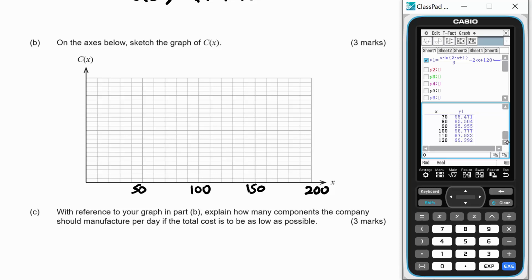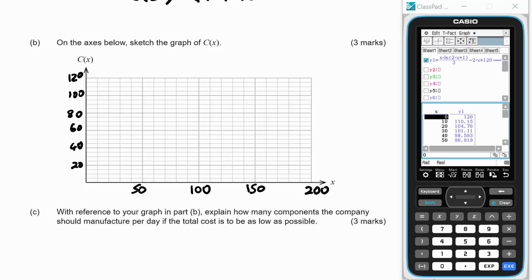Yeah, it looks like 120 is the highest. So 20, 40, 60, 80. Yep. So if we make this one 120, and then that'll be 100, 80, 60, 40, 20 down there.